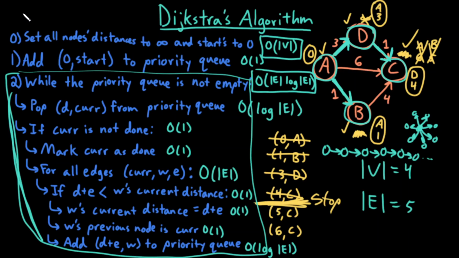So overall, this is big O of magnitude of V to initialize, plus magnitude of E log E to do the actual traversal.